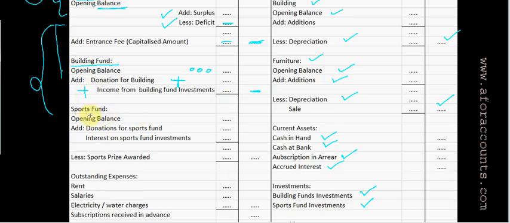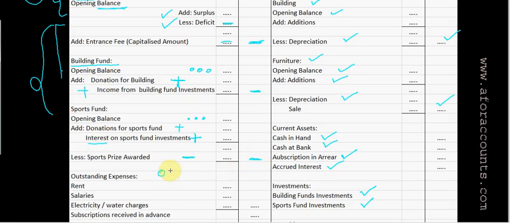Sports fund, same way: opening balance of the sports fund, add donations for the sports fund, add any income when you earn on investments or interest. And from the sports fund we withdraw to give prizes, so less sports prizes awarded has to be reduced, and then the net has to be taken in the outer column.